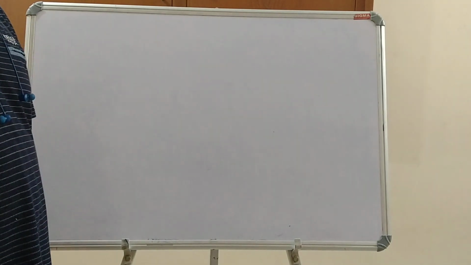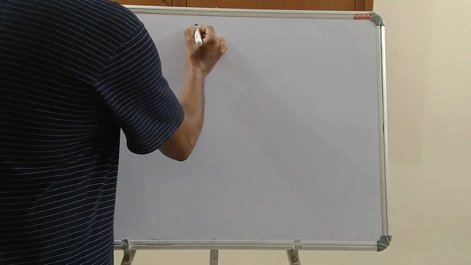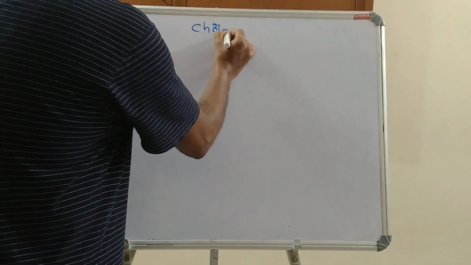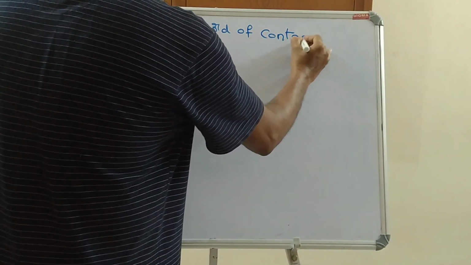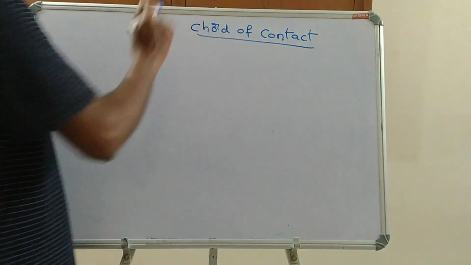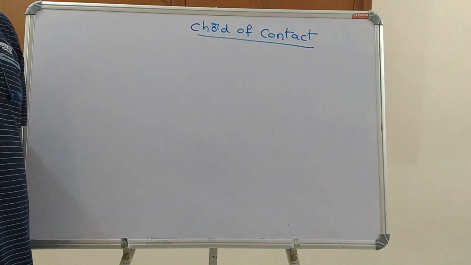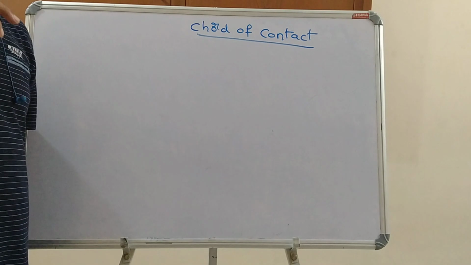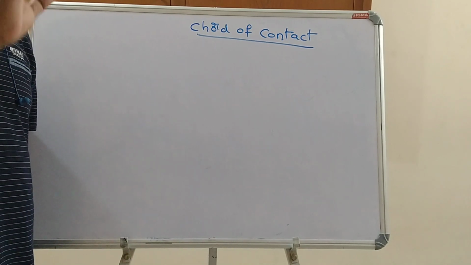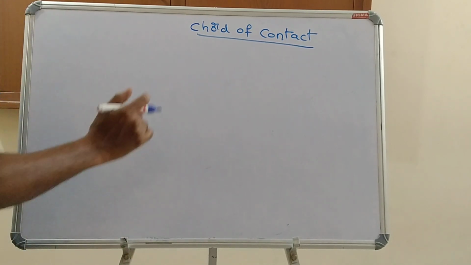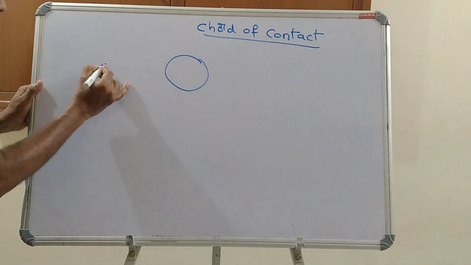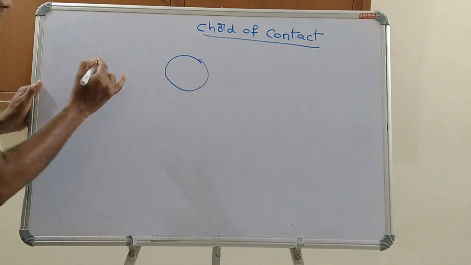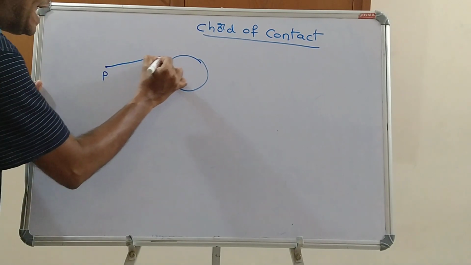Now, chord of contact. From the external point, we can draw two tangents to a circle.